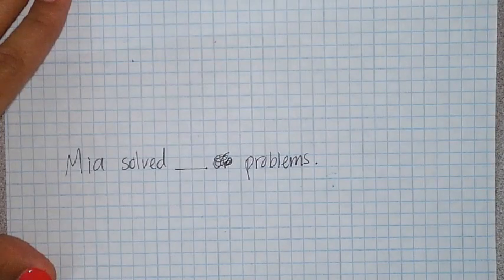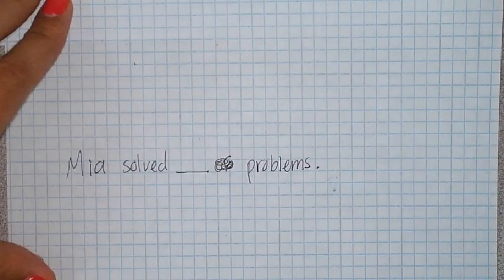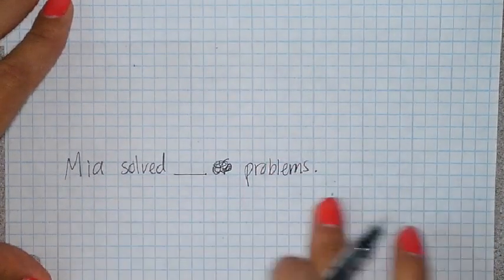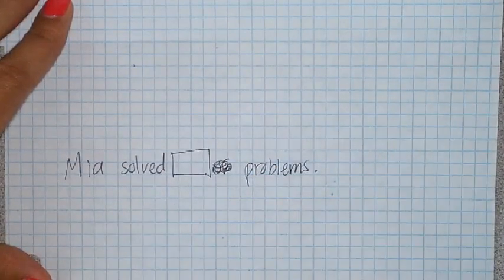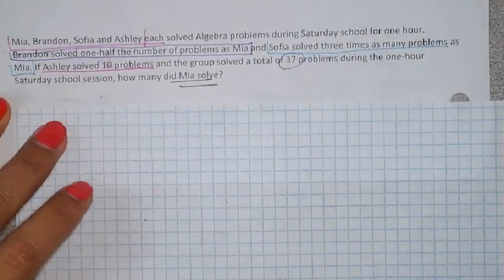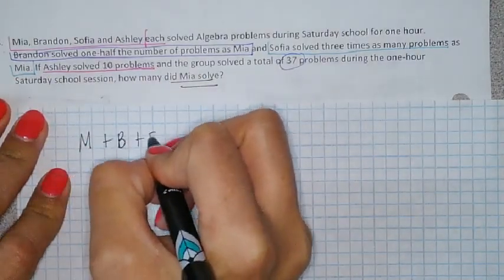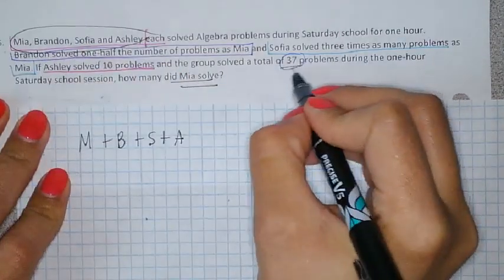Or algebra problems, and you can add to the sentence in the hour of Saturday school or during Saturday school or whatever it is, but basically this. So I'm looking for how many problems Mia solved. I'm going to go back to this. Here I know that Mia plus Brandon plus Sophia plus Ashley, all of them together solved 37 problems.